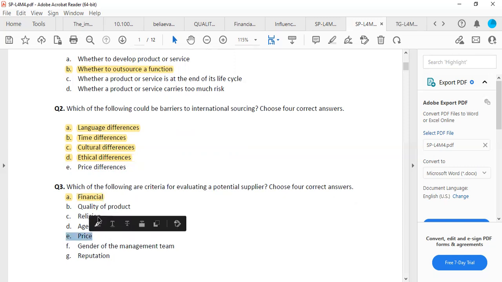Okay. E, price. Okay. D, age of workforce. Okay.